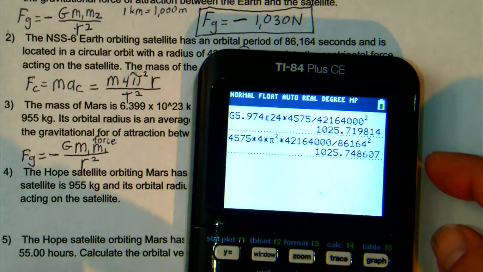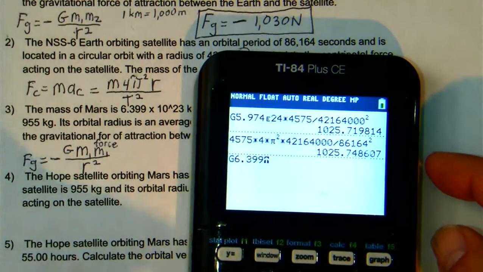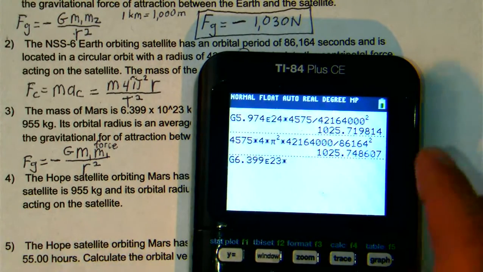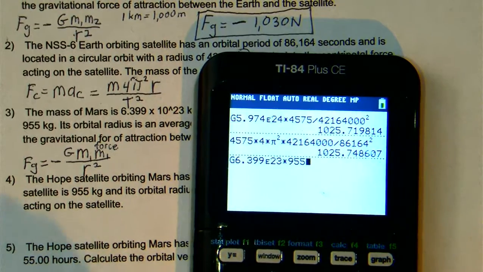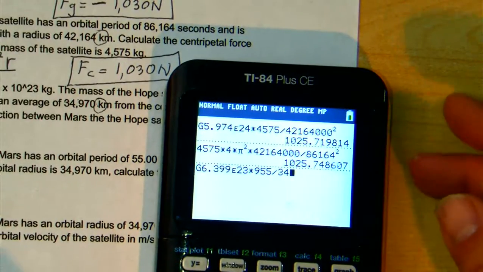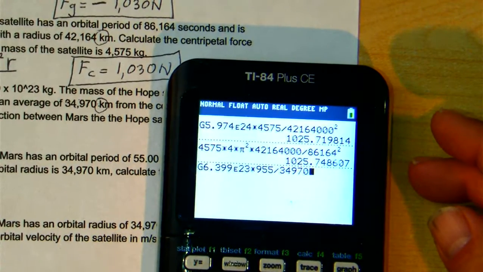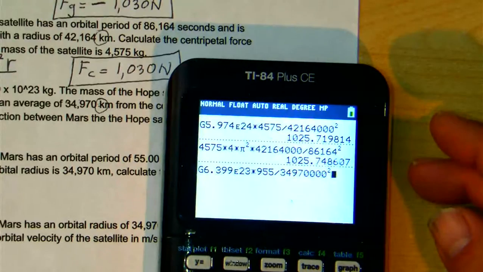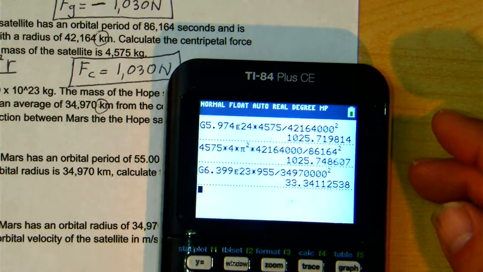Okay, so G times 6.399 times 10 to the 23rd power times 955 kilograms for the Hope satellite divided by 34,970,000 meters squared, enter.